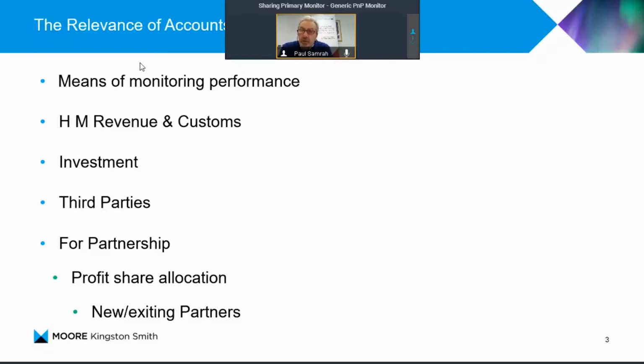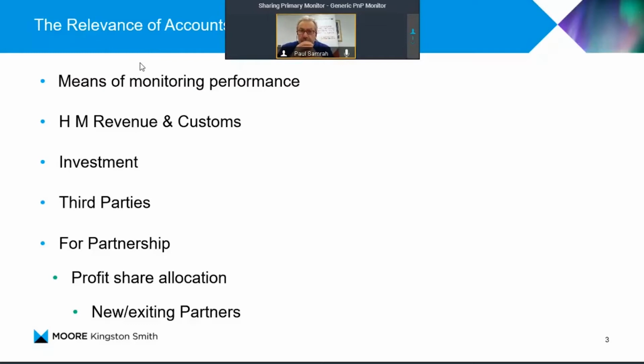Anyone looking to invest in your business is going to be very interested in your accounts and the latest management information. Third parties, maybe suppliers, will be looking at your accounts to see whether or not you are a good risk for credit, and whether or not your compliance is up to date. For a partnership, partners will be able to assess what their profit share is once the accounts have been prepared.